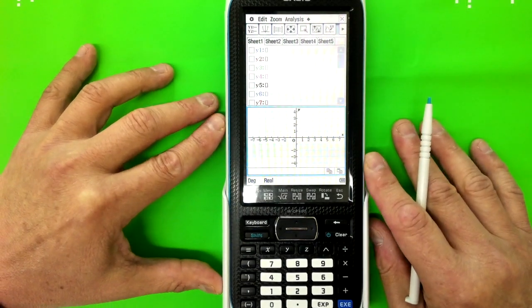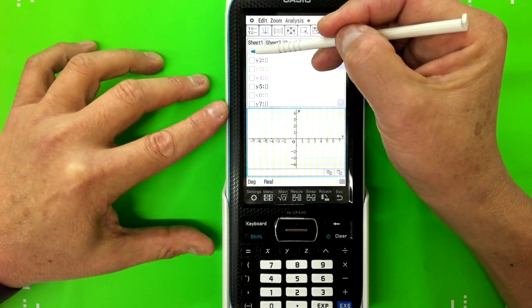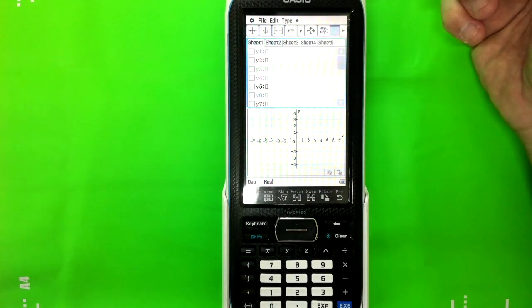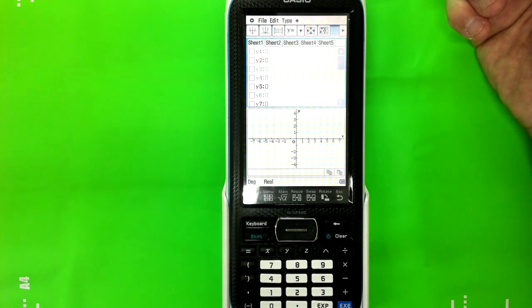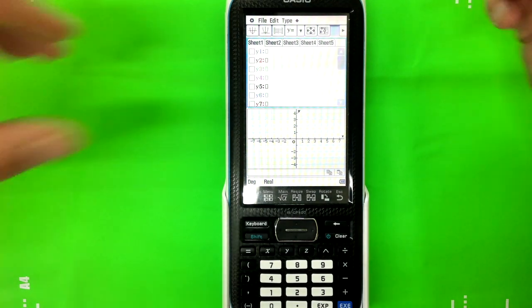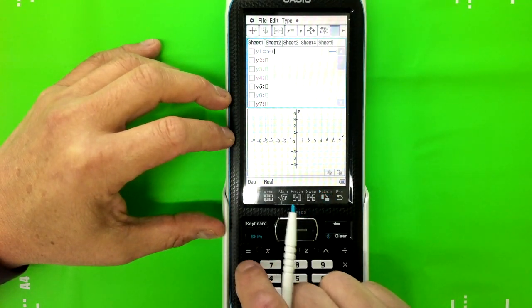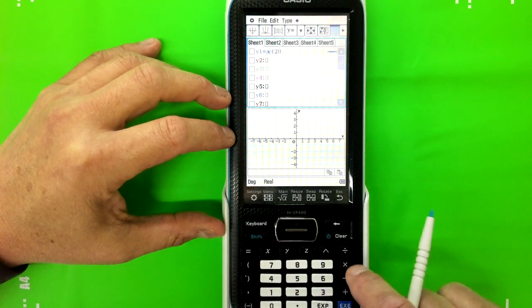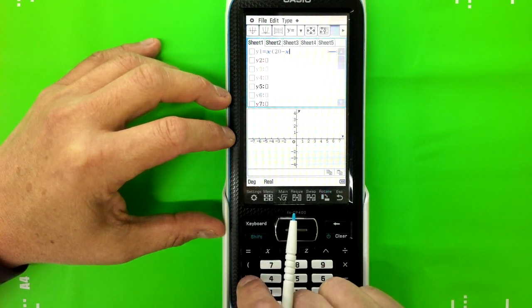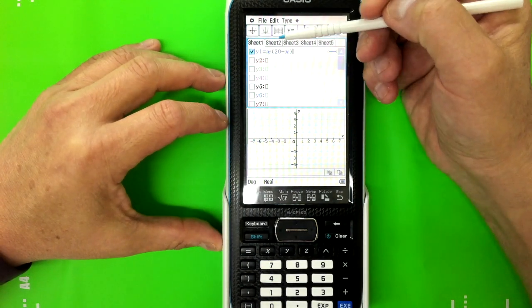So here, what I'm going to do is put in a formula. Instead of W and L or A and L, I will assume that the area is Y, and X will be the length. So X into 20 minus X. And we'll click OK here.